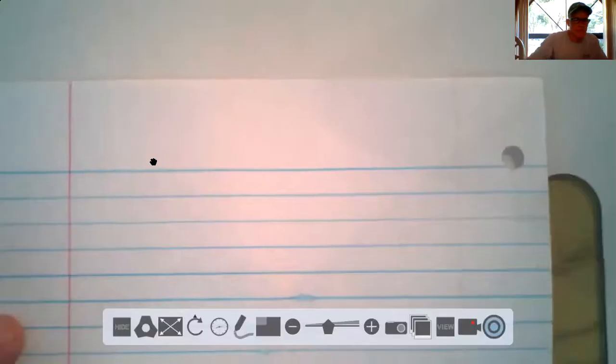So when we are talking about a pair of parallel lines, what we are talking about is two lines. Okay, so I'm going to draw one, do the best I can just to stay on this line right here. So there's one line. Now, if I draw another one right underneath it, do the best I can to stay on the line right there.